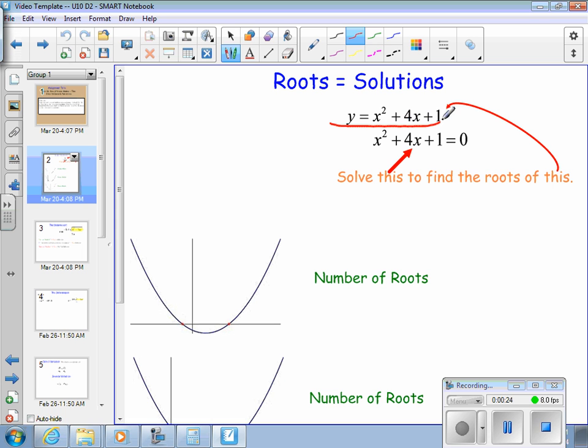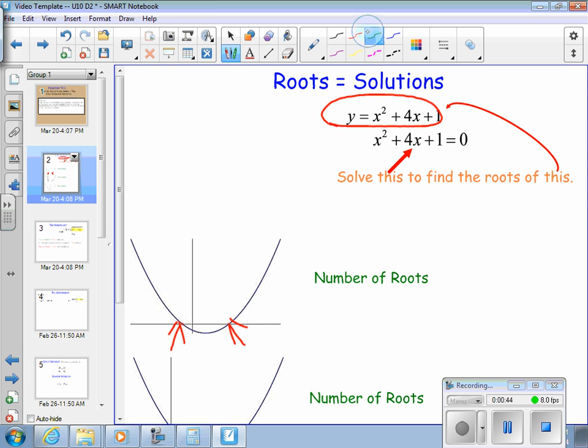when we see an equation of this form and graph it, we get a parabola. Where it crosses the x-axis, 2 points here and here, those are known as the roots.